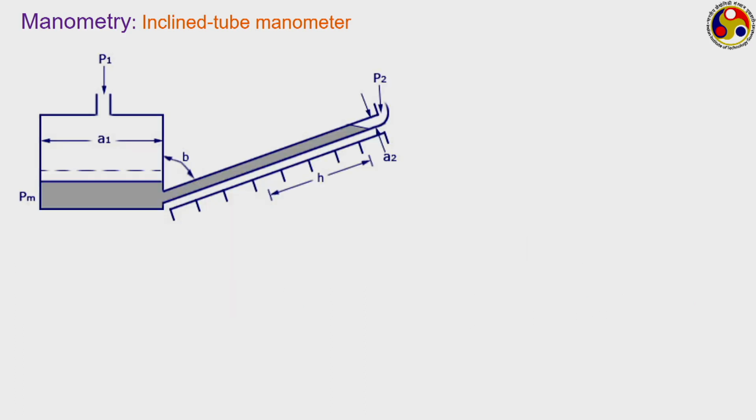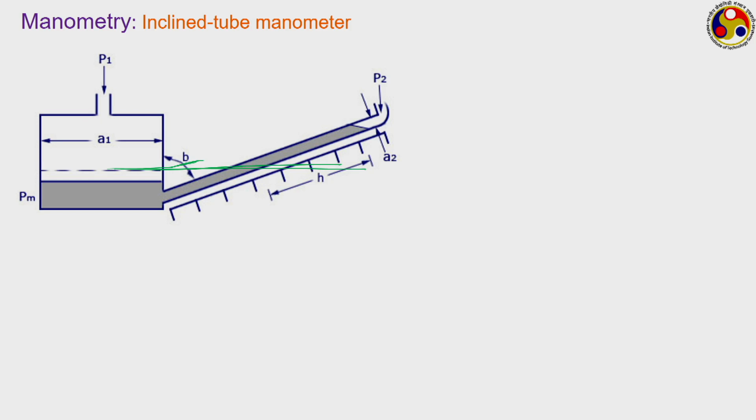One is to use the inclined tube manometer. It is quite similar to the well type configuration. You can see here that instead of having a vertical tube, we have inclined the tube at some angle, B. This is the initial datum level. In both the well and the inclined tube, the fluid was at this particular level.